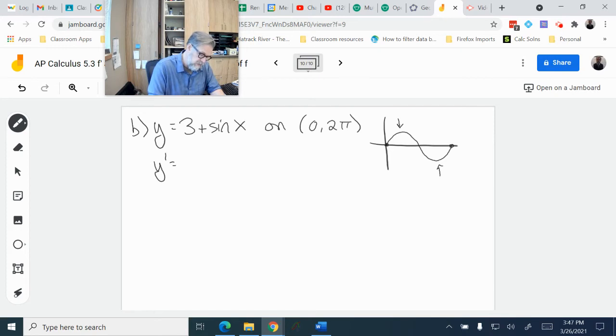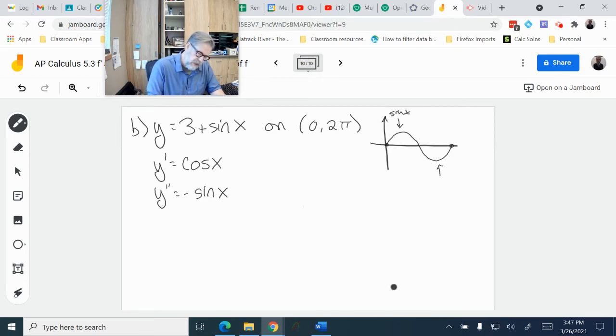The first derivative is, well, the derivative of sine is cosine, and the derivative of 3 is 0. The second derivative is negative sine of x. And so now the question is, when is it less than 0? When is it more than 0? Well, we can look at the graph of y equals sine of x in order to tell.